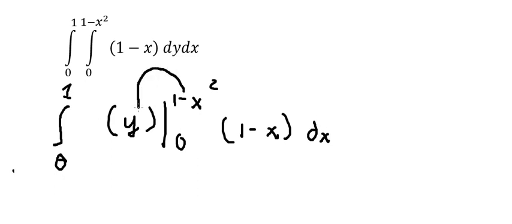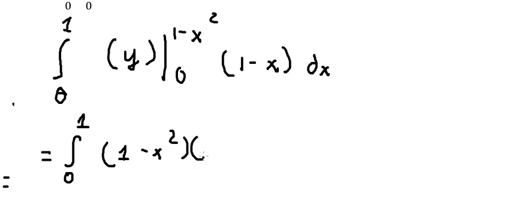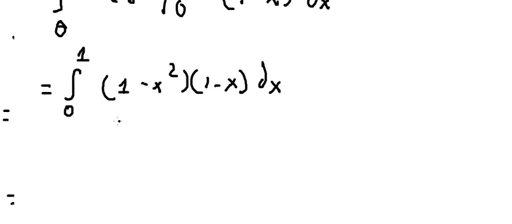So I will put this one go in here, number 0 go in here. Now we just have 1 minus s square multiplied by 1 minus s dx. So I will put number 1 go in here and number 1 go in here.